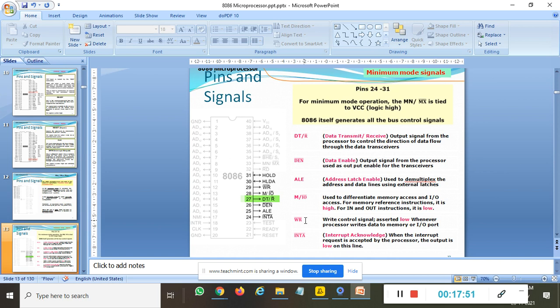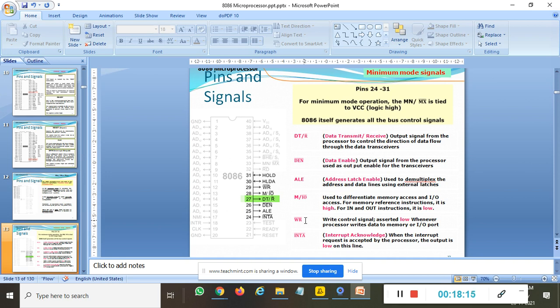In general, when this signal is low, the processor writes the data to memory or input output port.